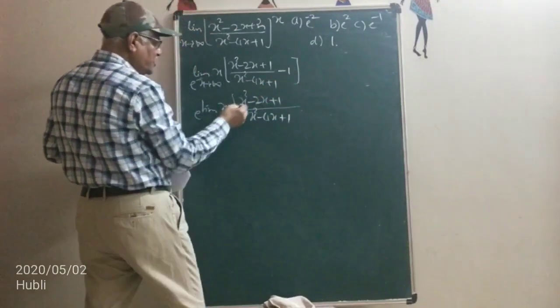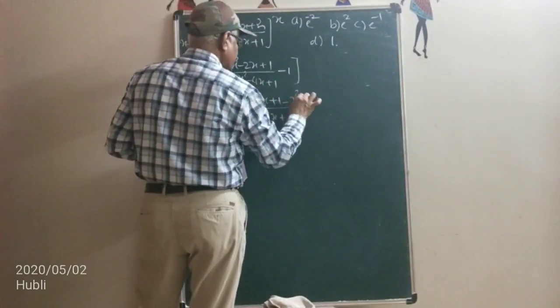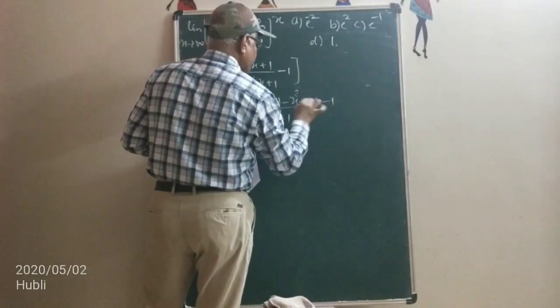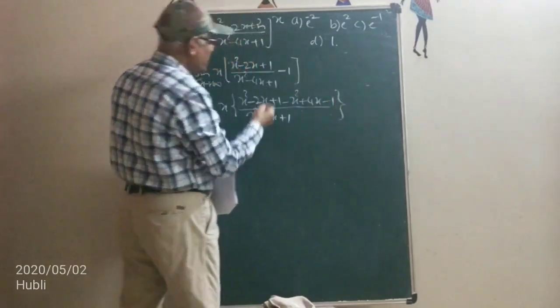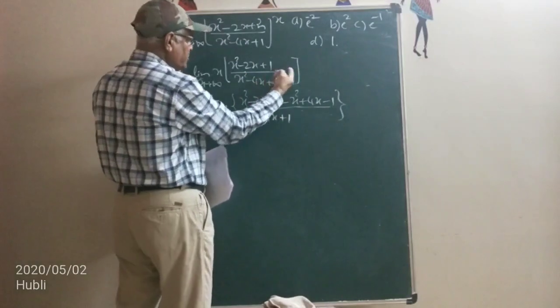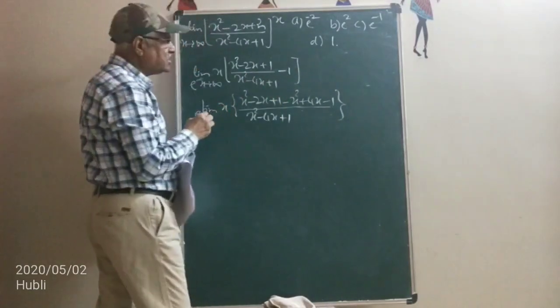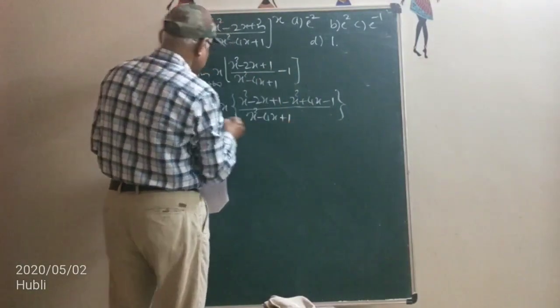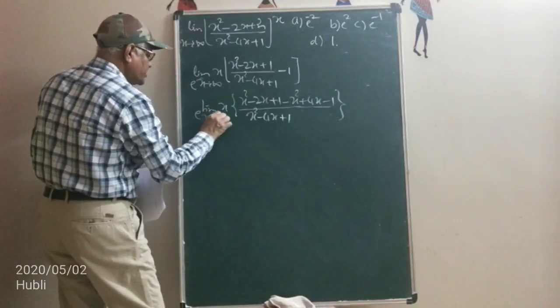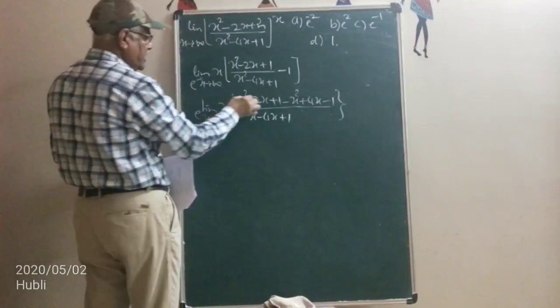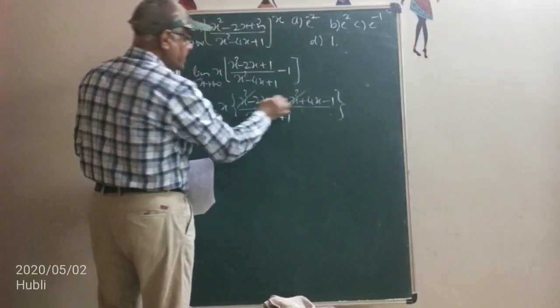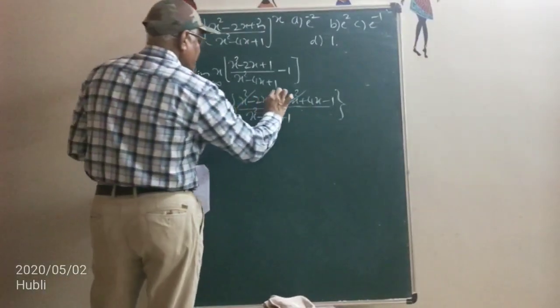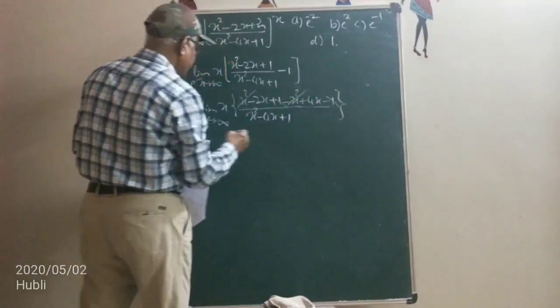Now minus 1 into this term, that is minus x square plus 4x minus 1. Understood? Minus 1 into x square is minus x square. Minus 1 into minus 4x is plus 4x. And minus 1, as x tends to infinity. Here x square and x square get cancelled. Even plus 1 and minus 1 get cancelled.